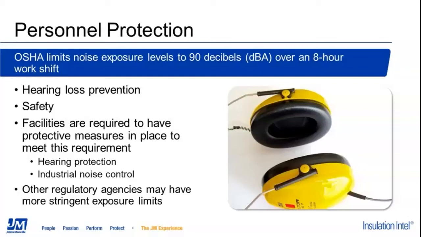Facilities are required to have protective measures in place to meet these requirements, and that can either be by addressing the noise source directly or by the implementation of hearing protection at the employee or personnel level.